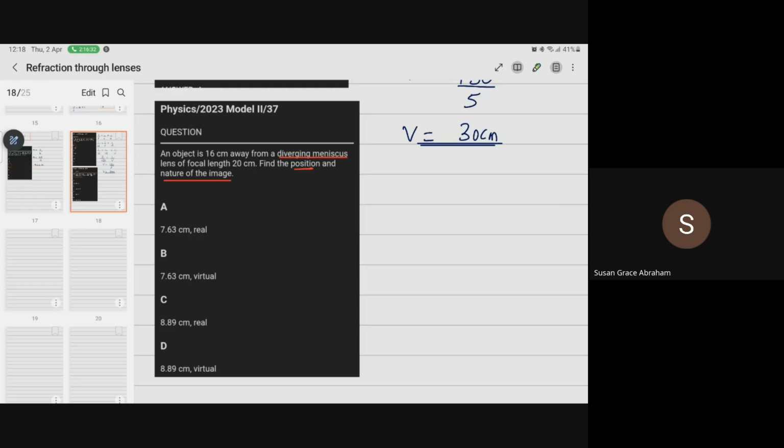So who is solving? So I'm trying to solve. Okay, Titi is solving. Susan is solving.